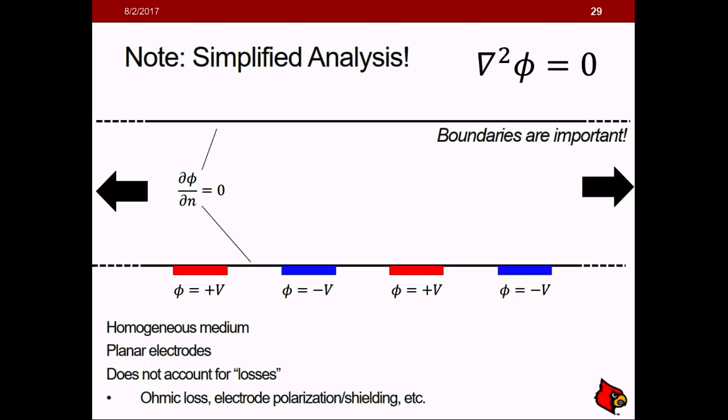Let's say we're assuming that there are no losses. Yes, there is frequency-dependent shielding on the electrodes depending on the materials. You can look up the details of that if that's important. But for the general design or an order of magnitude approximation of your dielectrophoretic force, this is a good start, and that's all we're going to cover here.